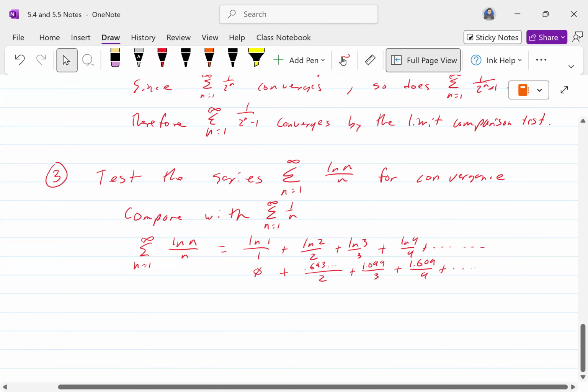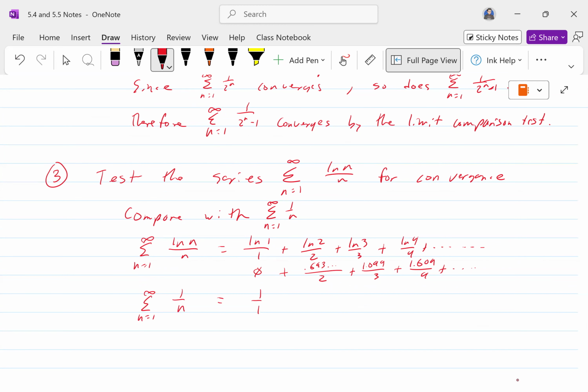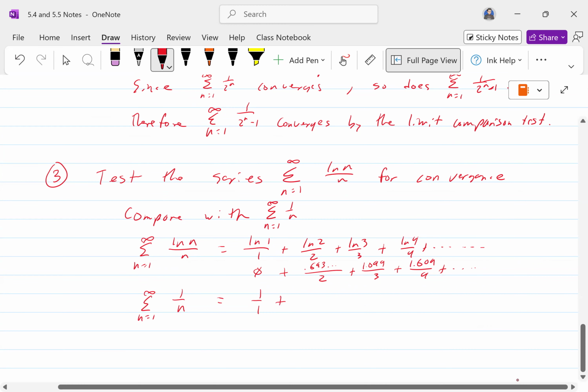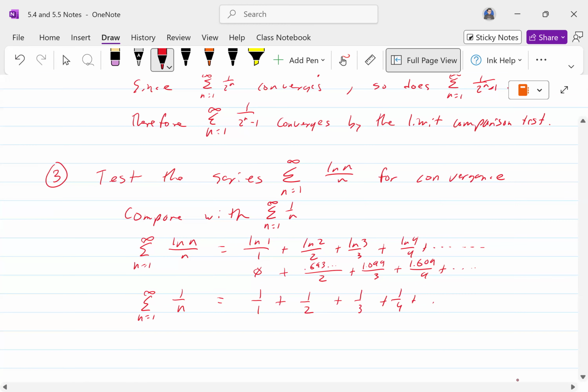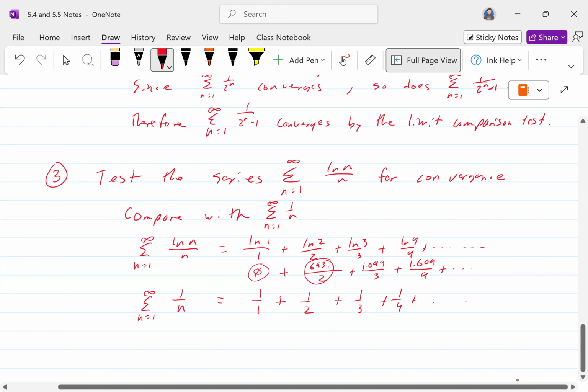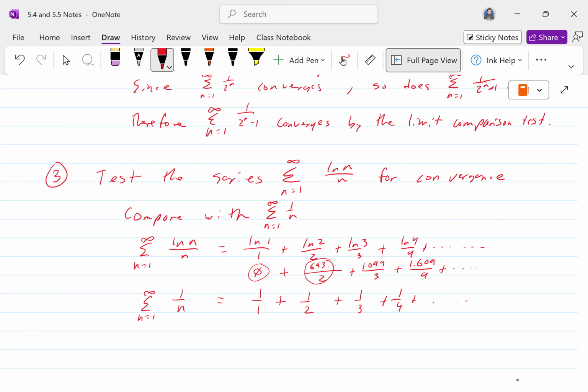And we're comparing this against the harmonic series. We're saying, okay, well, this is 1 over n. So this is 1 over 1 plus 1 over 2 plus 1 over 3 plus 1 over 4 plus and so on. And notice that these first terms are smaller, but then eventually the numerators go bigger than 1.